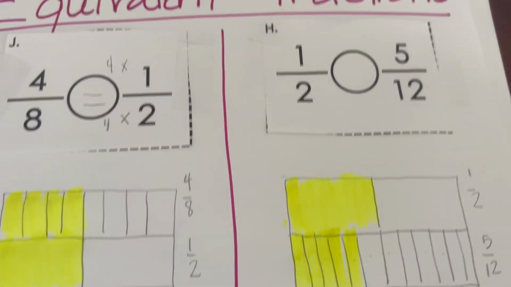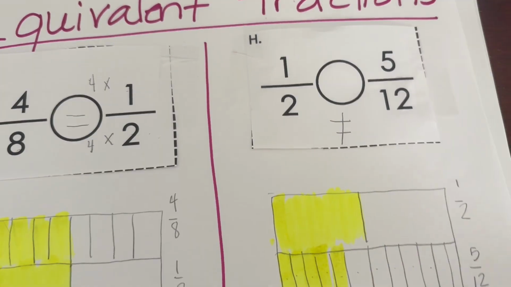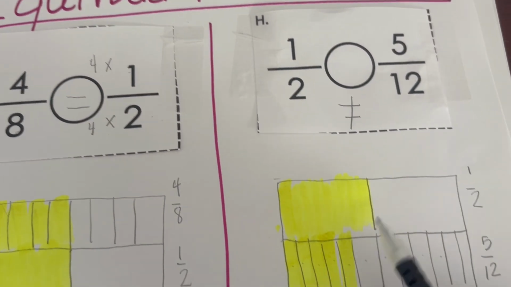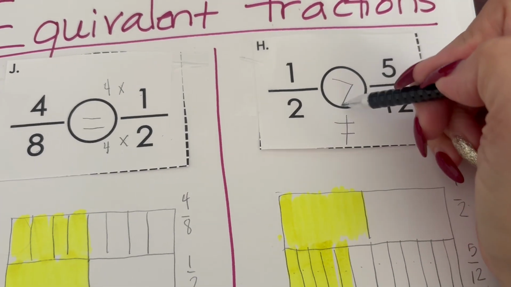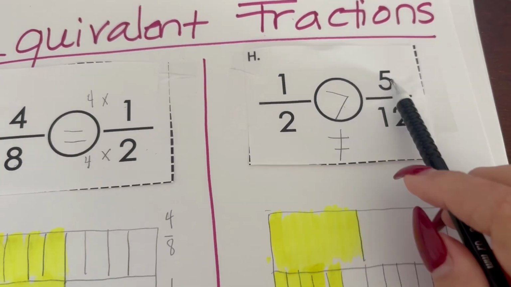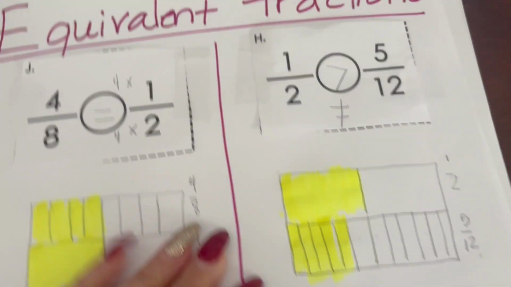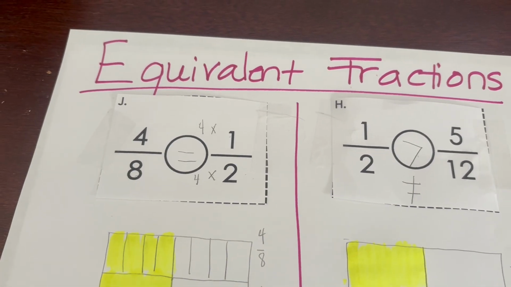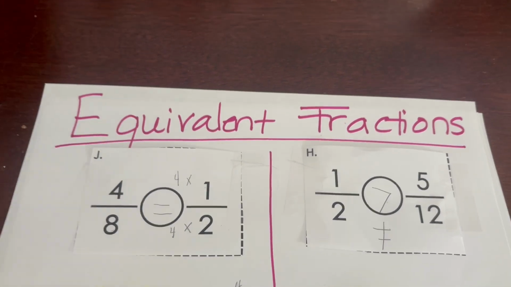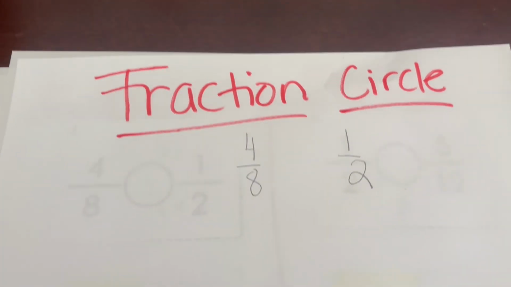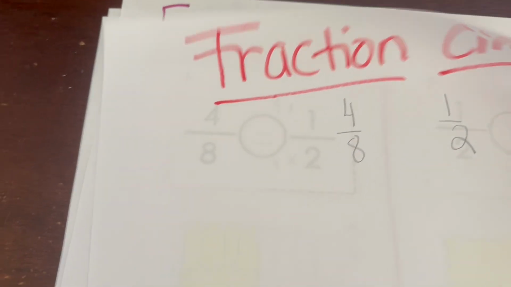So here, this shows that these are not equivalent fractions. They're not equal, because this model shows that 1/2 is greater. So it would be the symbol 1/2 is greater than 5/12. Let's do a fraction circle to show, and this time it was 1/2 and 5/12.